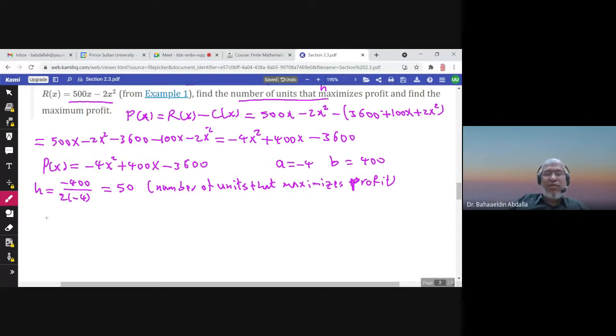The maximum profit is K, and K is P of 50. You just replace x by 50. So it's negative 4 times 50 squared plus 400 times 50 minus 3,600. All right, and then you get the answer.